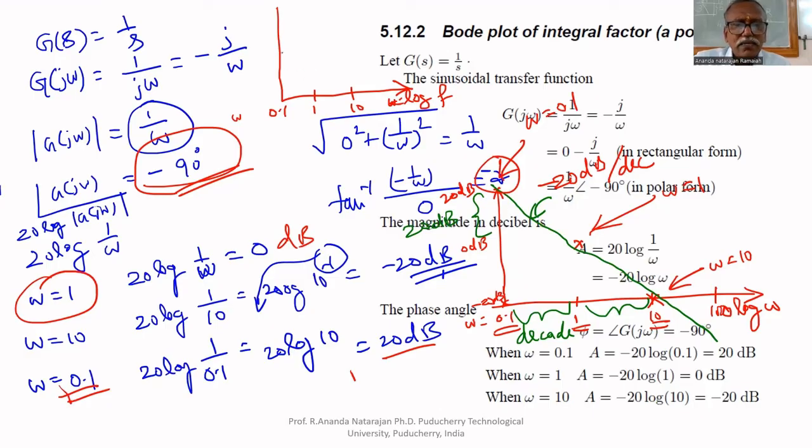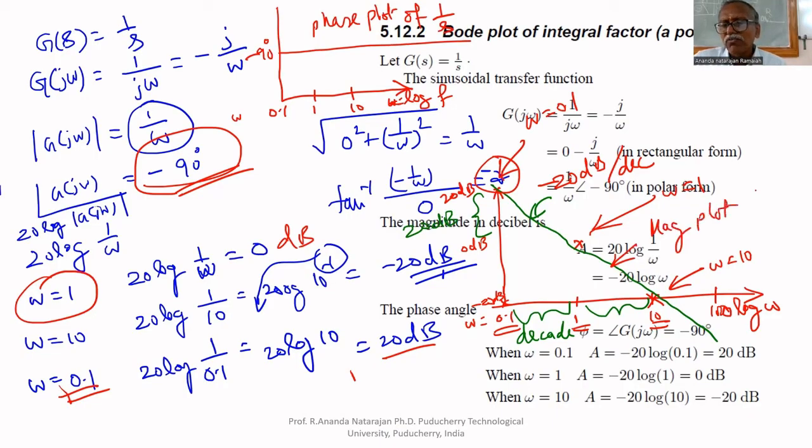Here it is always minus 90. This is the phase plot of 1 by s. This is the magnitude plot of 1 by s. That's all.